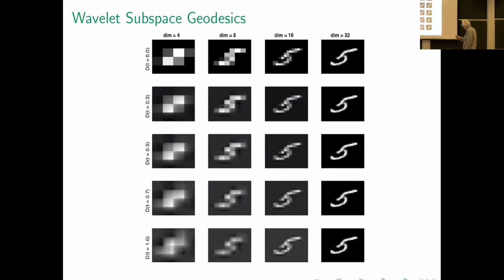Okay, without more detail, this is a fun example. If you look at the top row, this is the Haar wavelet of the number 5. This is the actual figure, a Haar wavelet projection on 4 dimensions, 8, 16, and then the full space. In the bottom row, it's Daubechies wavelet D2, again just using that basis and doing projections on the 4, 8, 16.